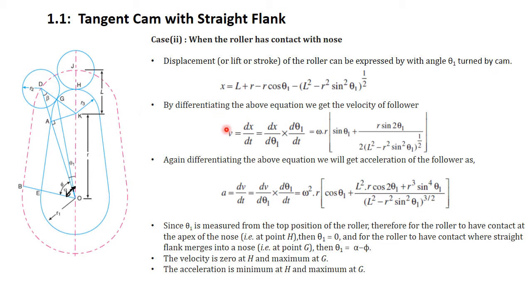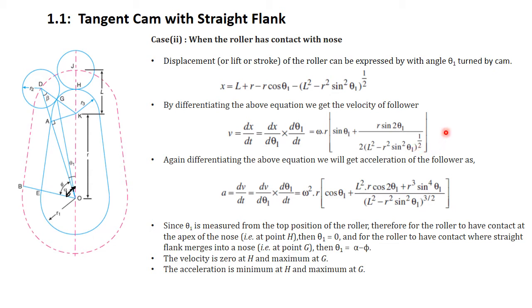Velocity is nothing but the rate of change of displacement, and differentiating the above equation with respect to time and then with respect to theta 1, we get the velocity as r into omega into sine theta 1 plus r sine 2 theta 1 upon 2 into (L square minus R square sin square theta 1) raised to power 1 by 2, that is under root of this term, right?